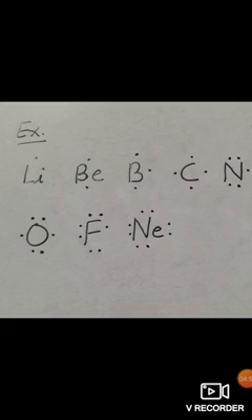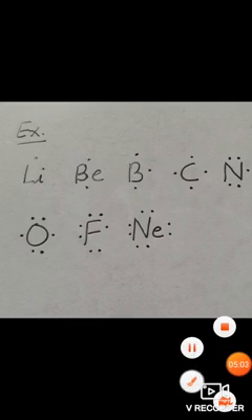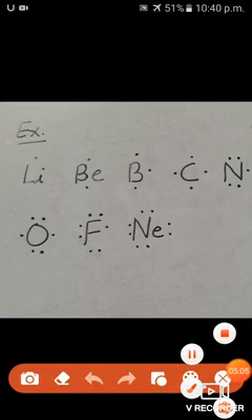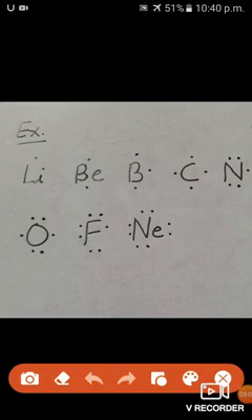Same as boron, the atomic number of boron is 5. Its configuration is 1s2, 2s2 and 2p1.